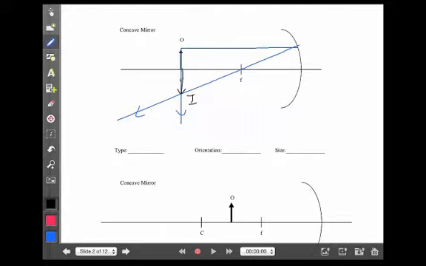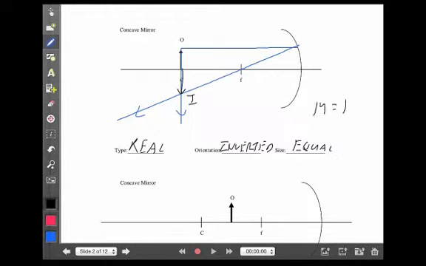Okay? Now, that image is still a real image. Okay? It's out there in real space. Its orientation is still inverted. And if you were actually to measure this and you did it correctly, we would actually find that it's equal in size. In other words, it has a magnification of 1.